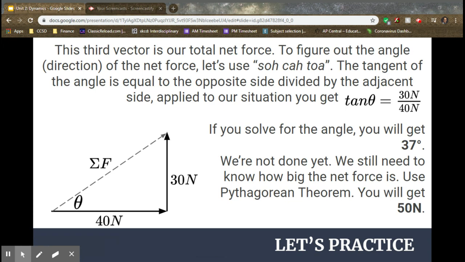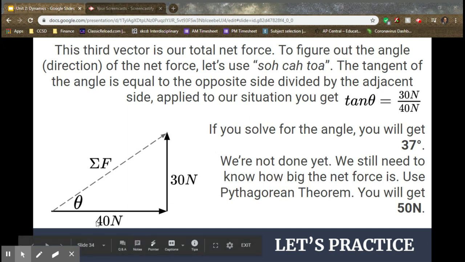So the third vector is our net force. We're going to figure out direction. Now remember, SOHCAHTOA: sine equals the opposite side divided by the hypotenuse. Cosine equals the adjacent side divided by the hypotenuse. And tangent of our angle equals the opposite side divided by the adjacent side.